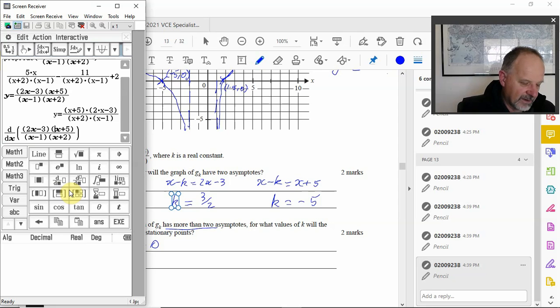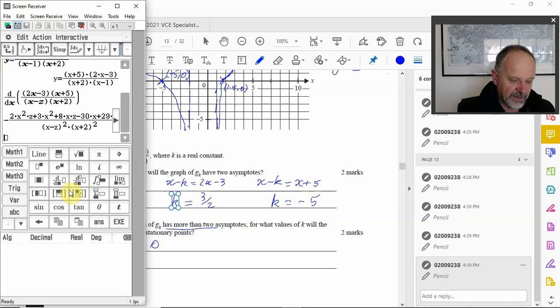That's still in there, but instead of having a 1 here, we've got a k. Now we can use k from the variables, or I'm just going to use z because it's on my keypad. And so the derivative, when we work it out, there it is.